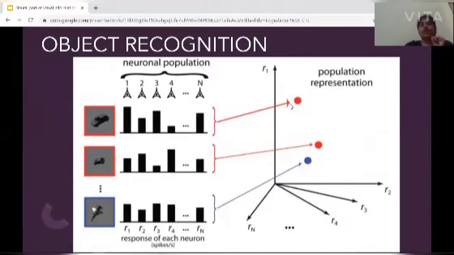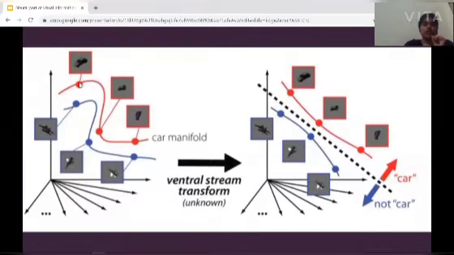On seeing the visual input, based on the activity of the neurons, a vector representation in a very high-dimensional space is obtained, where each axis could be thought of as the neuronal response of each neuron. After applying several transformations, a low-dimensional manifold of points, basically a continuous surface, is obtained.